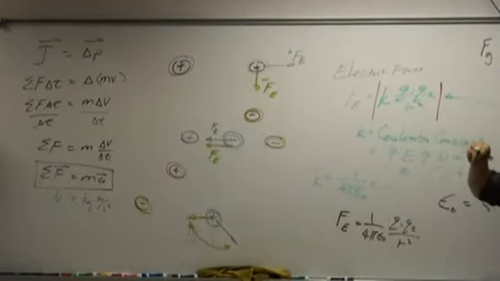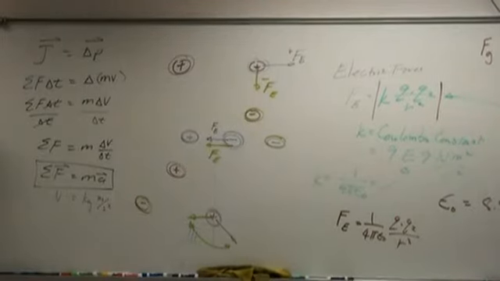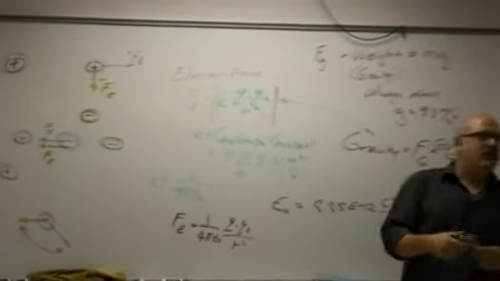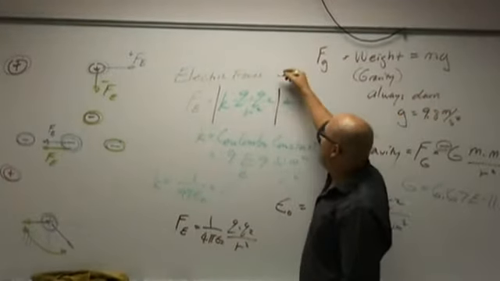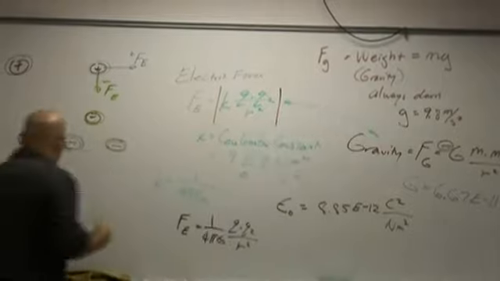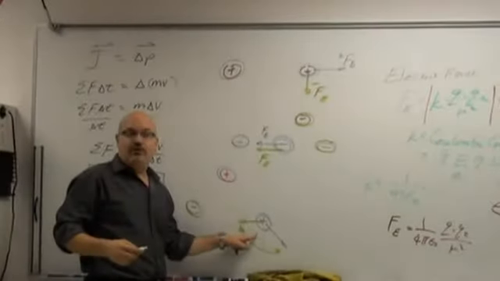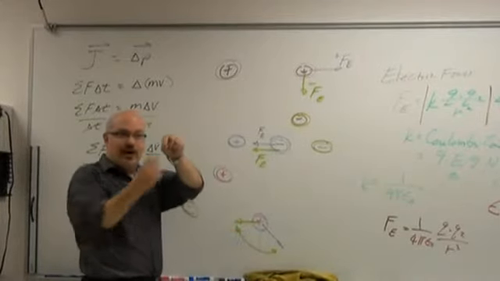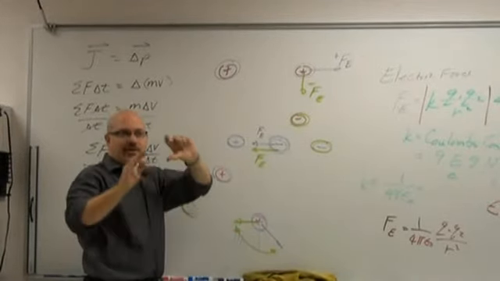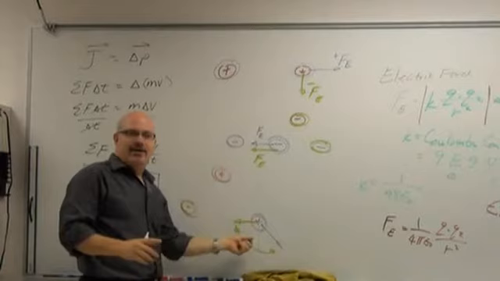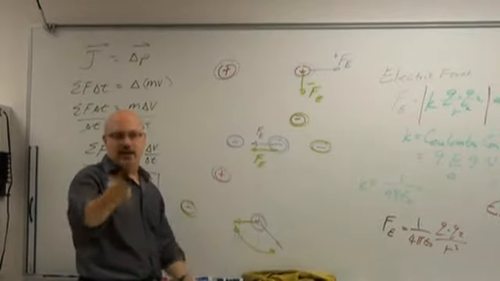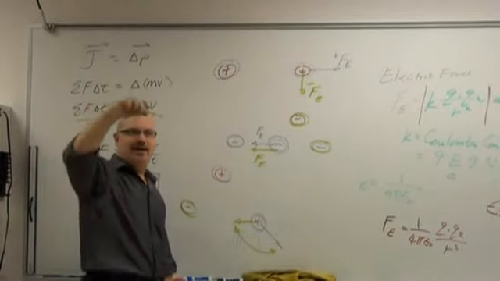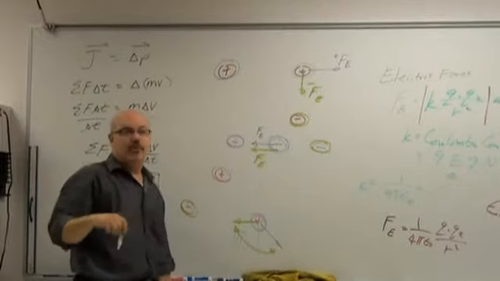So we will assume our charges to be stationary and just figure out which way the net force is on them. What people actually do is figure out the net force on this one, calculate its acceleration, and for a short period of time see where it goes, then stop and recalculate the new direction of the force and do it again. They step their way through which way it's going to go.